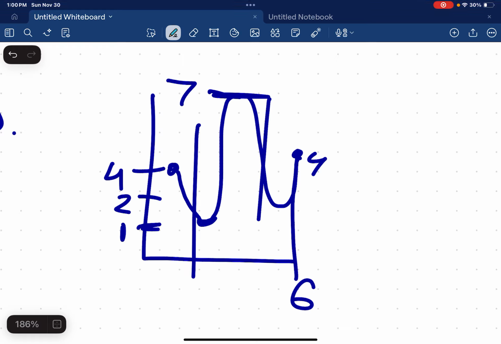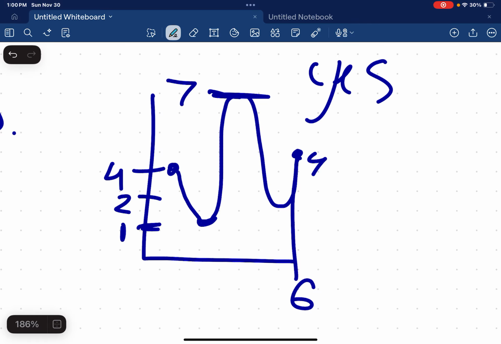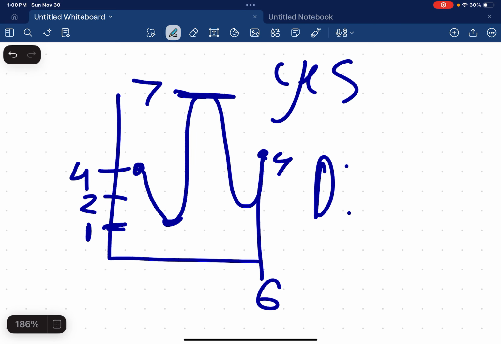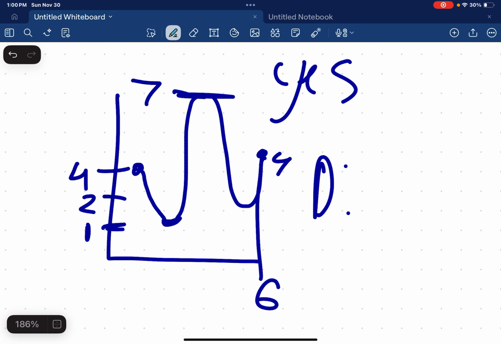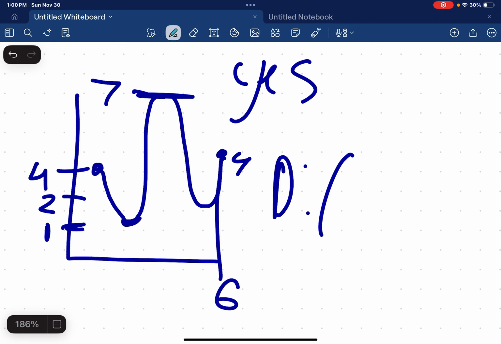And this does pass the vertical line test, so it is a function, and its domain is going to be its lowest x value to its highest x value. So we can mark that as 1 less than, wait, is it 1? Yeah, it is, because this point right here is 2, and I should have said that's 1.